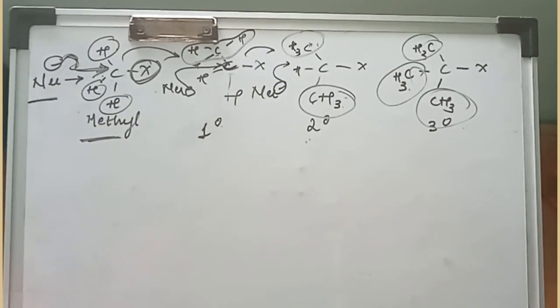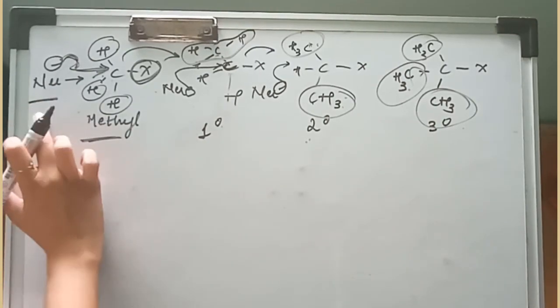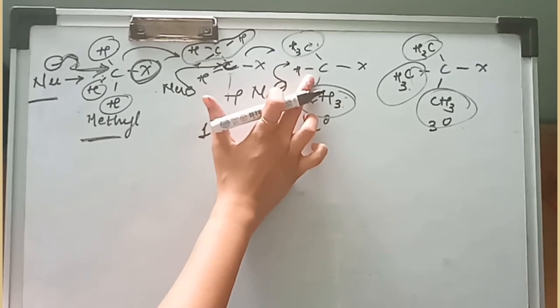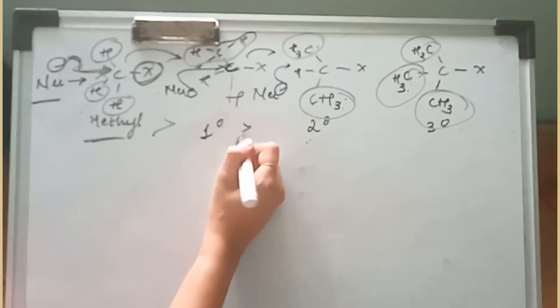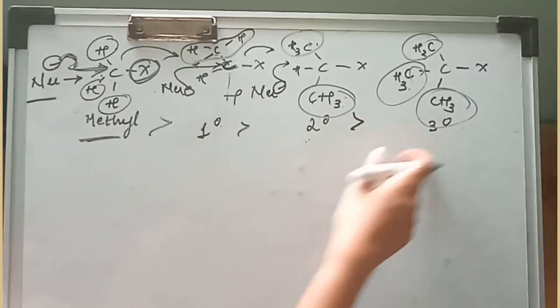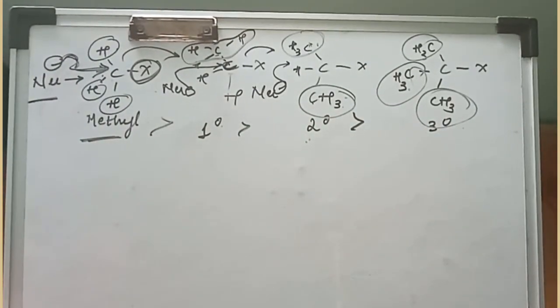As a result, they hinder, or there is an obstacle for the nucleophile to attack this carbon. So when we write the reactivity, first is methyl, that undergoes the faster nucleophilic substitution reaction, that is SN2, and then comes the primary, then the secondary, and last comes the tertiary. This order you have to remember. Okay.